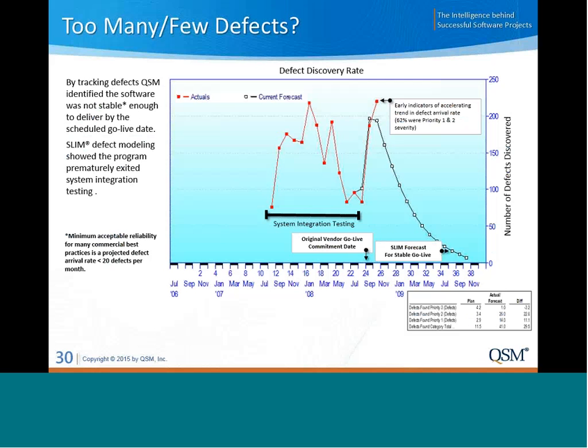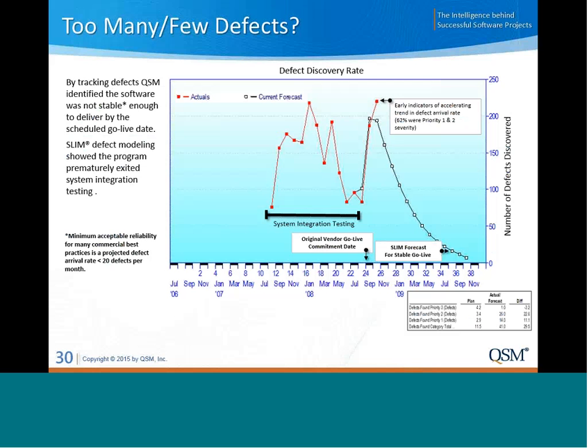So the next slide is another example where we looked at defect data. So this is also a real example and also a very high visibility project that was in the testing phases, right in the middle of systems integration testing. A huge system, and this was an ERP project that was actually integrating several systems.